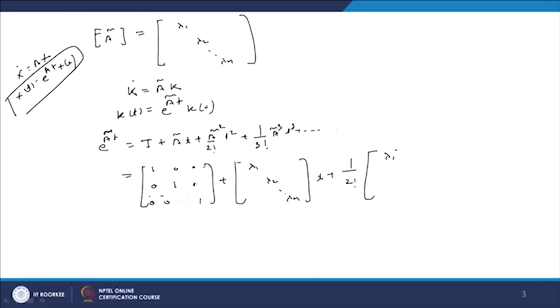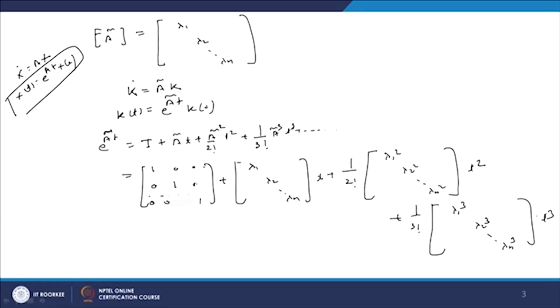So, we will get lambda 1 square, lambda 2 square up to lambda n square into t square, plus 1 by factorial 3 lambda 1 cube, lambda 2 cube up to lambda n cube into t cube. So, this we have done.